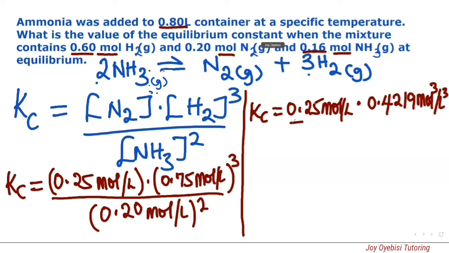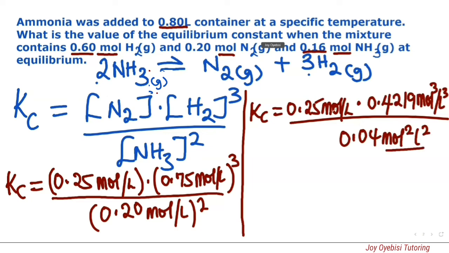Now this is going to be divided by 0.20 squared, which is 0.04, and this is mole squared per liter squared. Now, there are 2 of these here, and there is a total of 4. So this 2 is going to cancel out this, and you have mole per liter remaining. So whatever we get here, the unit is going to be mole squared per liter squared.